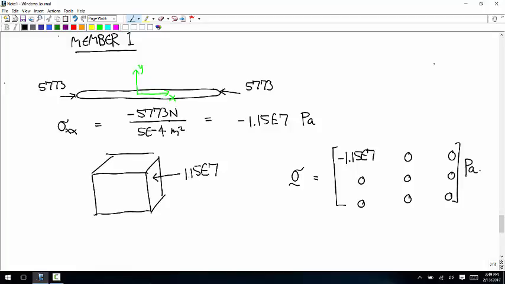Now, a stress represents a single point on a body. So what points does this represent?